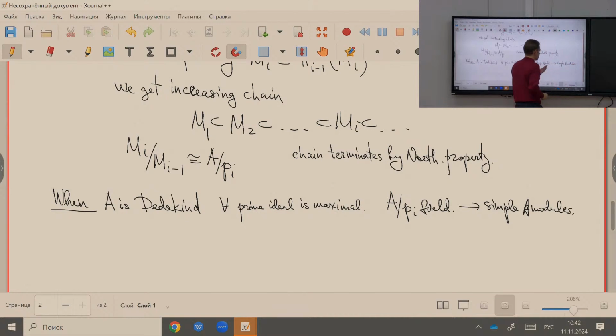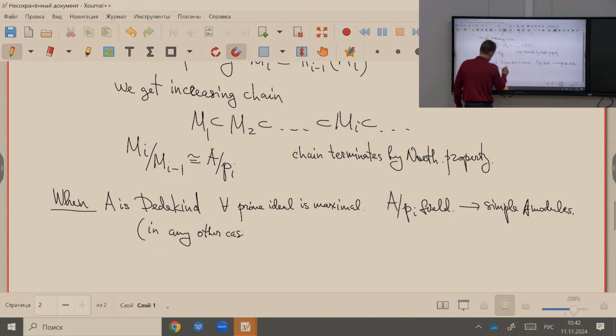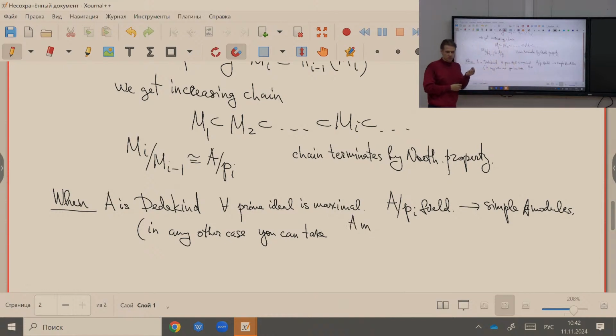Yeah, because in any other ring, if it is not a field, you can take a proper ideal. That's why it is not simple. If you are thinking about a simple module, it should be generated by one element.